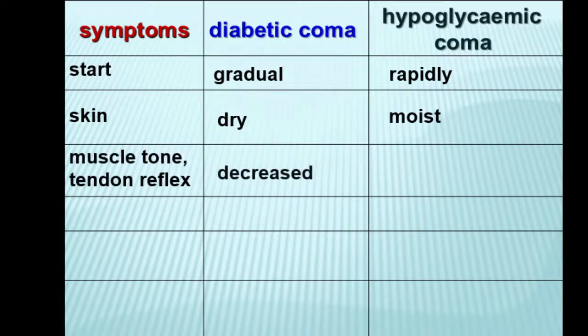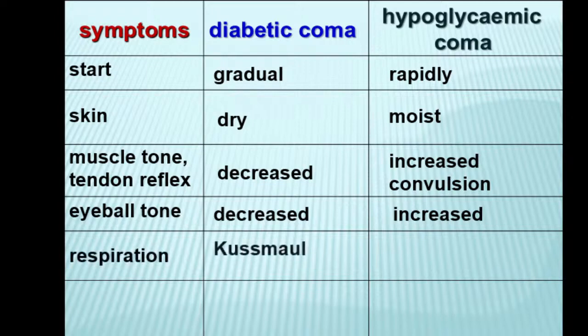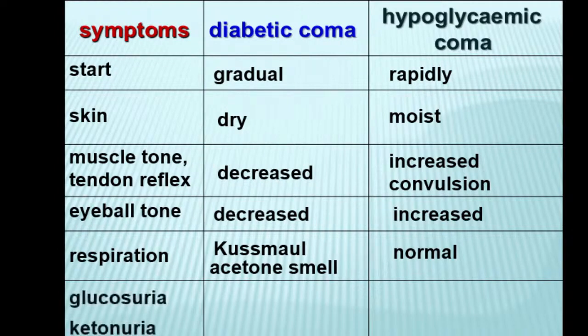Muscle tone and reflexes are decreased in diabetic and increased in hypoglycemic, up to convulsions. Eyeball tone has the same correlation: decreased in diabetic and increased in hypoglycemic condition. Breathing of the patient in diabetic coma is predominantly Kussmaul, loud, slow breathing with acetone smell, and normal breathing in hypoglycemic condition.